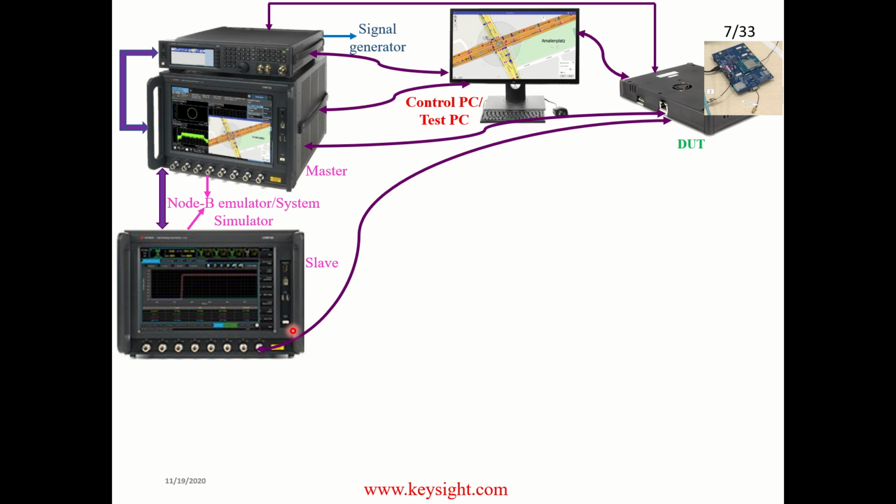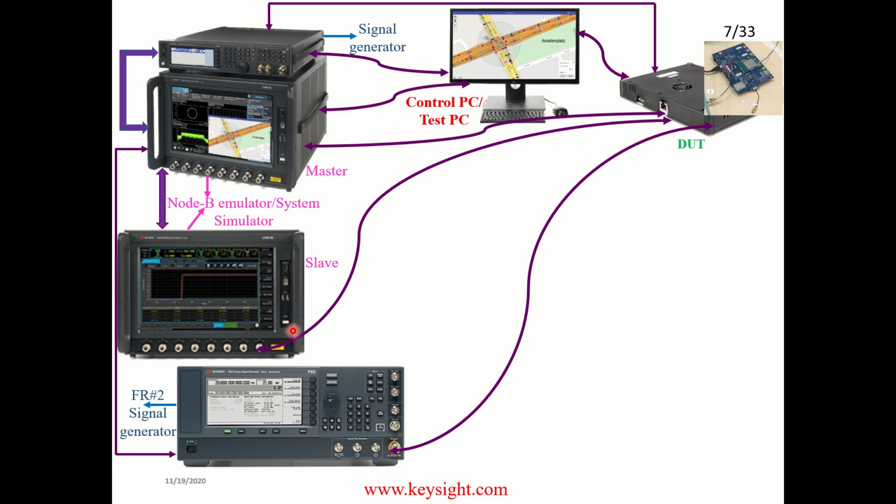This one becomes master and this one becomes slave. For the additional ports you require to test MIMO, you can make use of these connections. The slave will also have a connection with the UE, and through the master it will have a connection with the test PC.